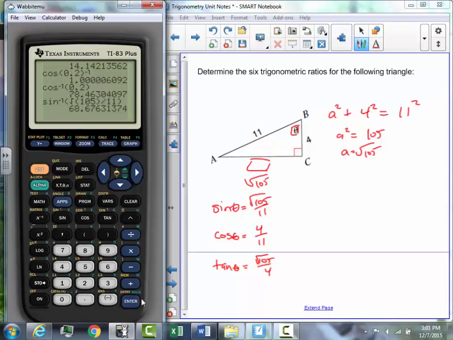I got 69 degrees basically. An error? Yeah. Domain. Oh, you gotta stop the square root sign. See the square root sign just keeps going there? Oh. You need to do like root 105 divided by 11. Anybody else not get 68 degrees?